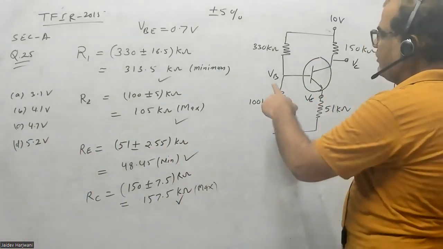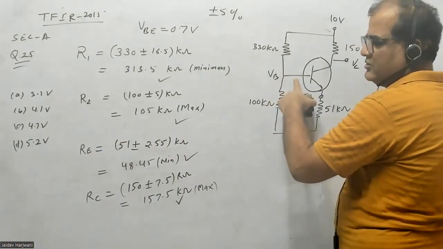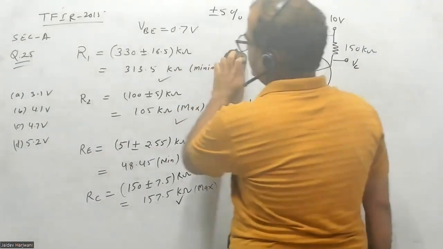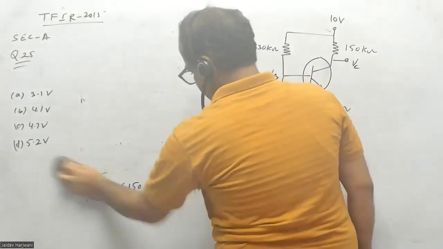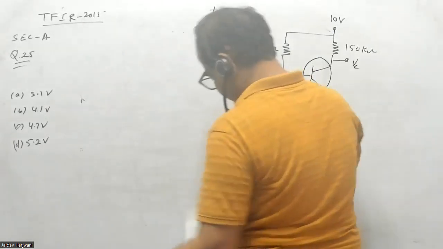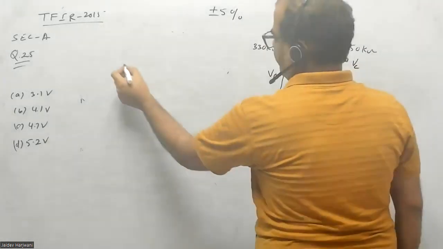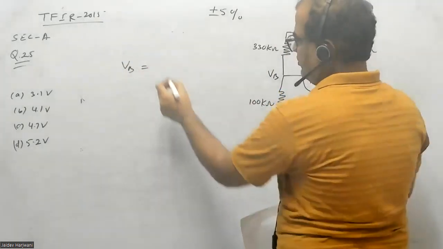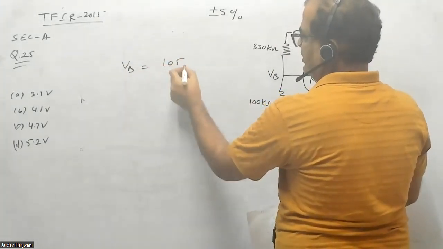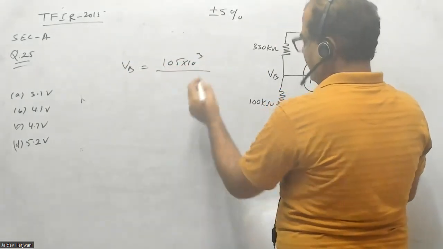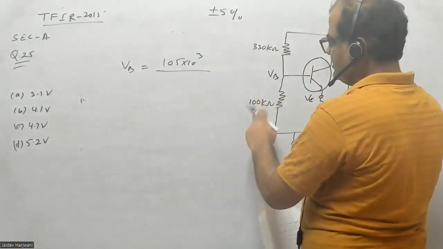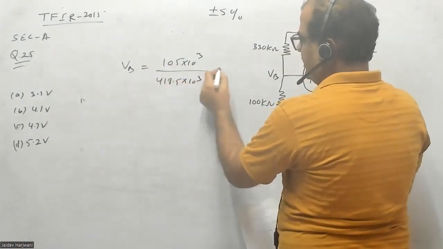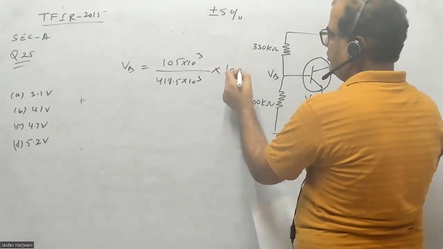First of all, I need to calculate VB, assuming IB is 0, because the beta value is not given, so we have to use the approximation method. So let us calculate VB now. If I take this as the minimum value and this as the maximum value, VB will be 105 kilo ohm divided by the sum of this one, 313.5 and 105, that is 418.5 kilo ohm, into total voltage of 10 volt.